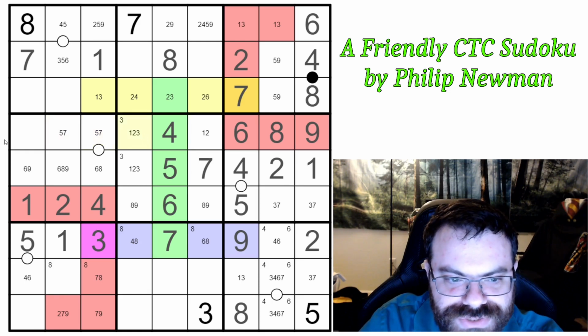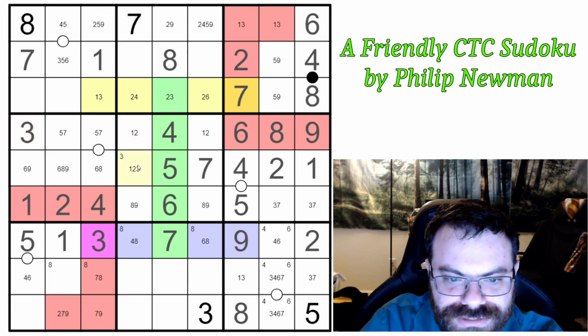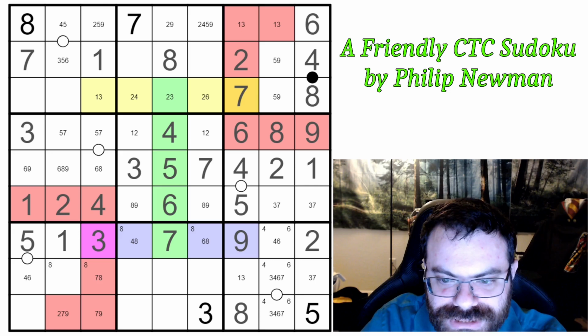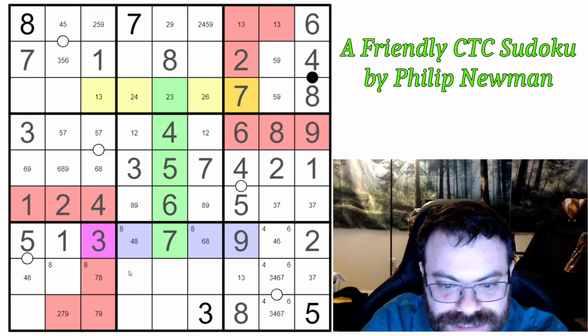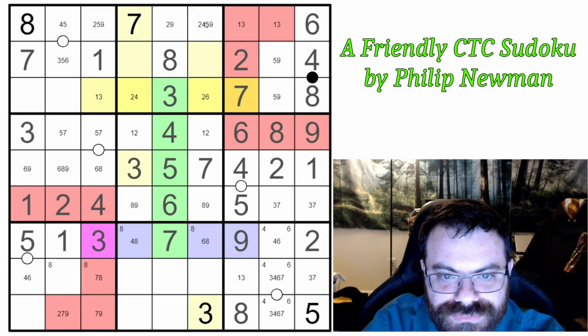So we have 1, 2, 3, and this can't be a 1, so it's a 2 or a 3. Oh, it can't be a 2 either, so that's a 3. That's a 1, 2 pair. This is the 3. Probably could have gotten that 3 earlier. Got it now, though. 3 has to go here in this box. We have these 3s looking up, and these 3s looking in here. That plate. Oh wait. Oh no.